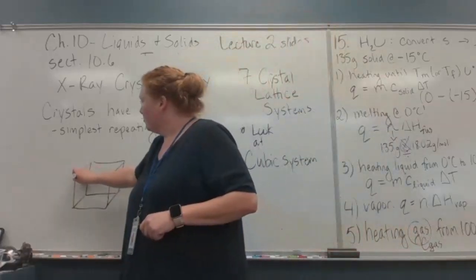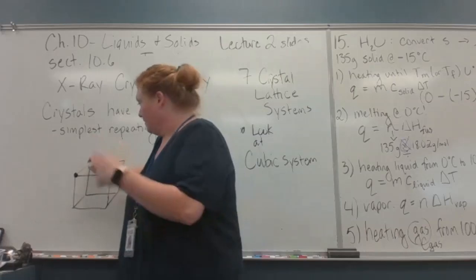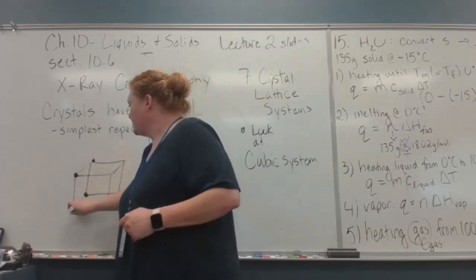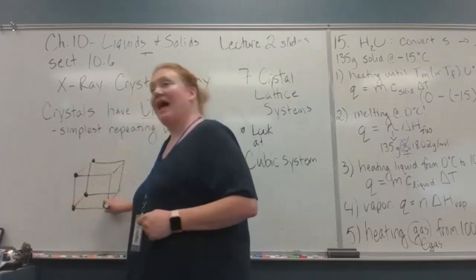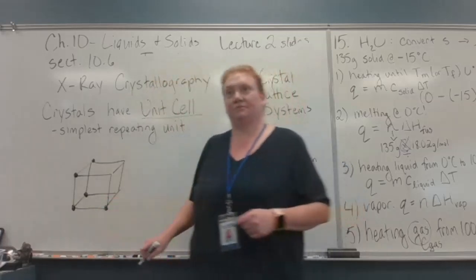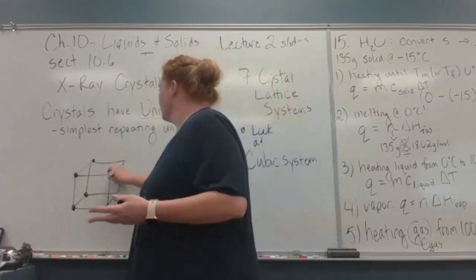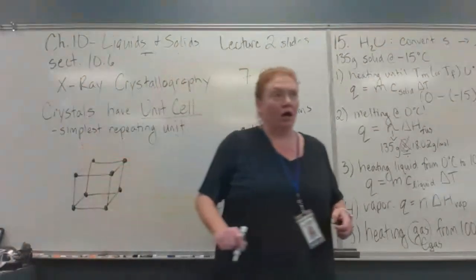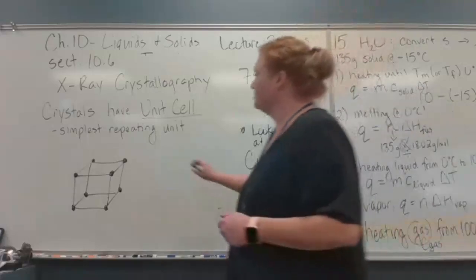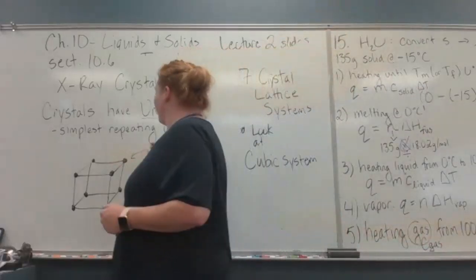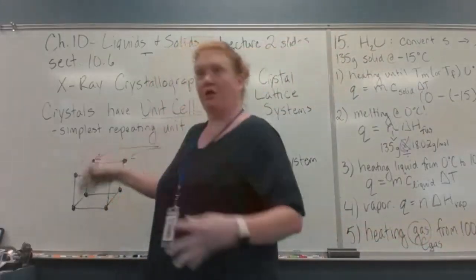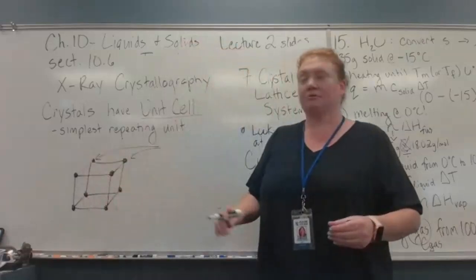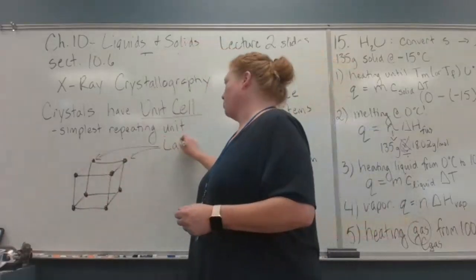These black circles that I'm drawing right here, or that are on this picture, represent the atom or the molecule, okay? What we call the locations of the atoms or molecules in the unit cell are called lattice points.